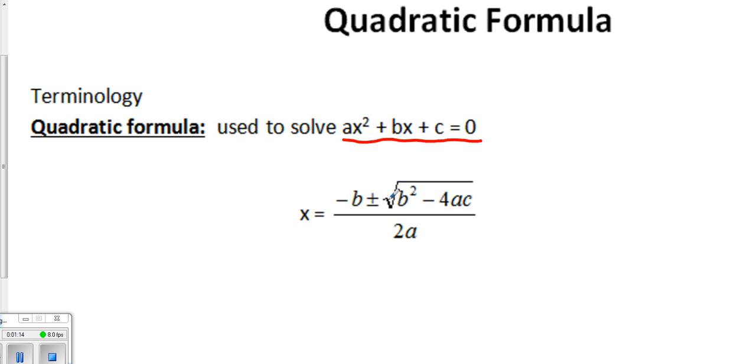All of that is under the square root, either added or subtracted from negative b. All of that is divided by 2 times a. So whatever this value is, multiply it by 2, and that's the denominator of this expression.